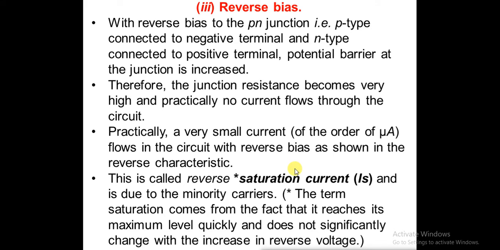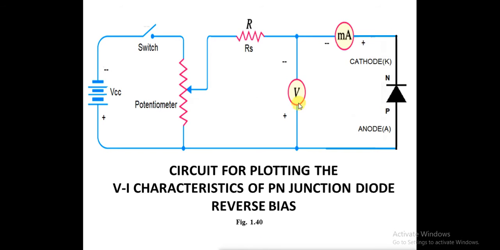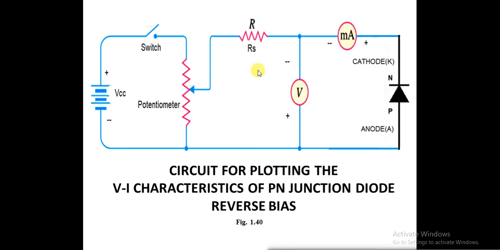We will see the reverse bias condition in the following circuit. So this is the circuit diagram for the PN junction diode, which is reverse biased. Here we can see the cathode connected to the positive terminal of the battery, and the anode connected to the negative terminal of the battery.